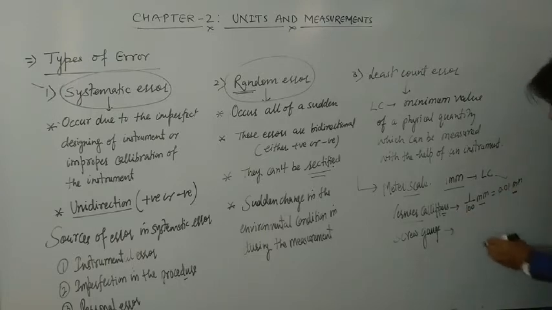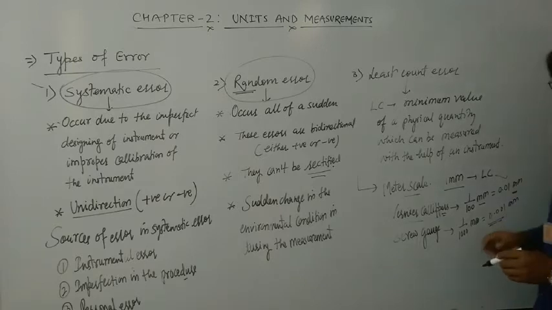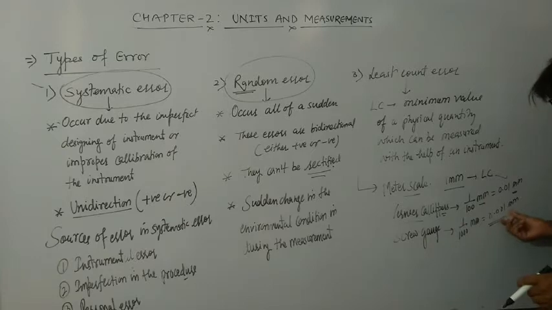As for the screw gauge, its least count is 1 upon 1000 mm. That means it has a least count of 10 to the power minus 3 mm, or we can say 0.001 mm. So the minimum value of length which can be measured with the help of a screw gauge is 0.001 mm.